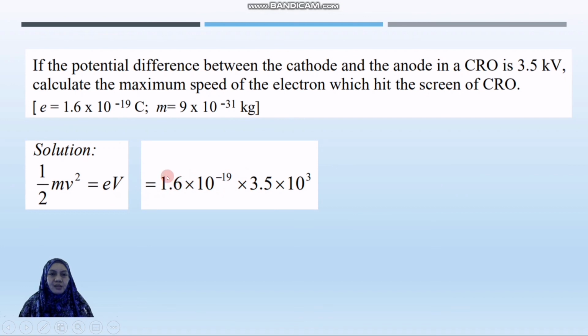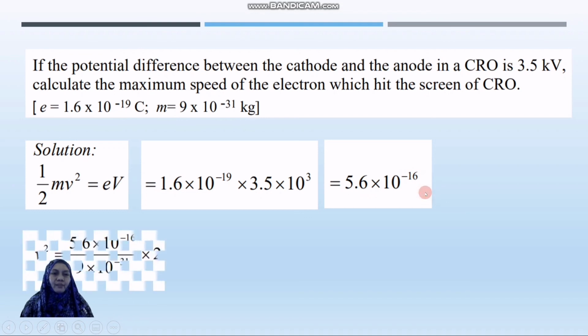So eV is 1.6 times 10 to the power of negative 19 multiplied with the potential difference 3.5 times 10 to the power of 3. Okay, so this will give us a kinetic energy of 5.6 times 10 to the power of negative 16 joule. So using this, we can find the velocity where v squared is 2eV divided by m.